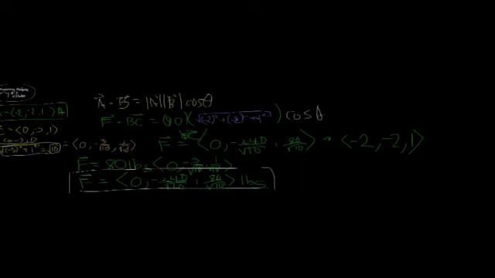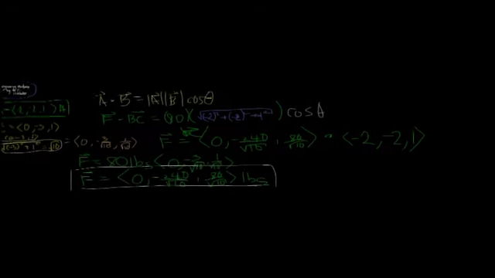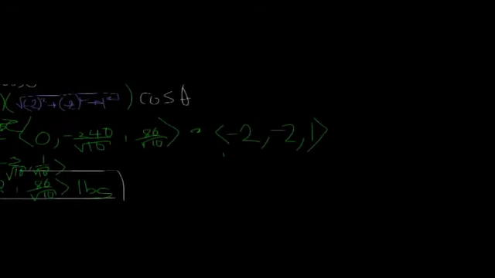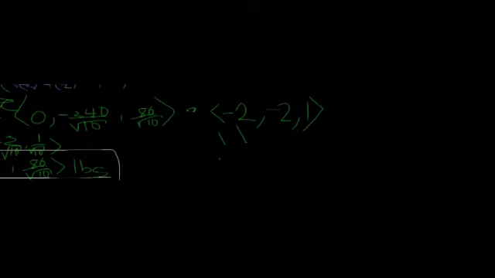Now we do some multiplication. Negative 2 and 1, that's correct. So hopefully I can get the answer fast. The first component, the x component at least, is 0. That's easy. Let me solve the rest using my calculator. 240 over square root of 10 times 2.